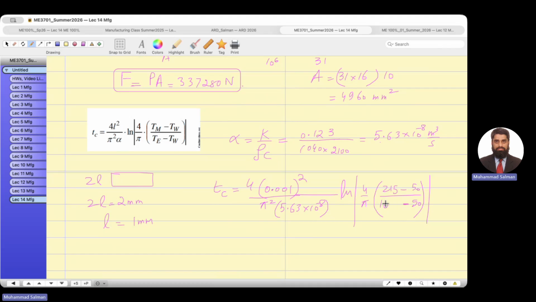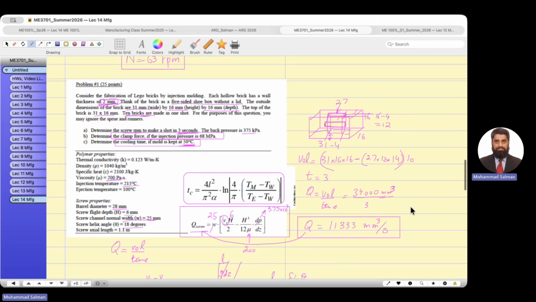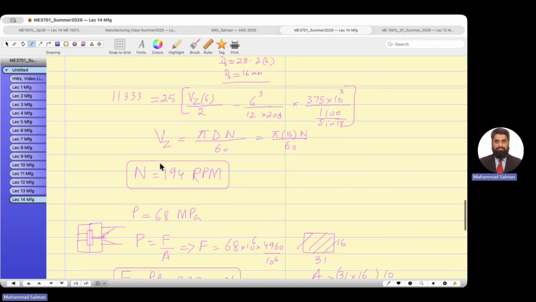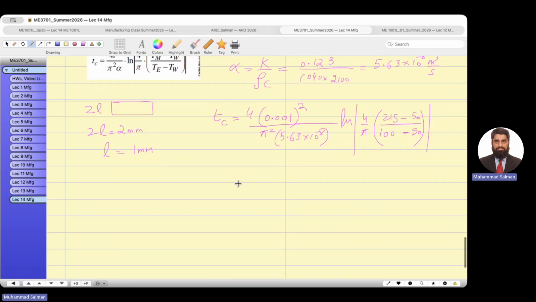That's good. So everything is known except tC. If you do the math, you should get the cooling time of 10.3 seconds. This is your answer.